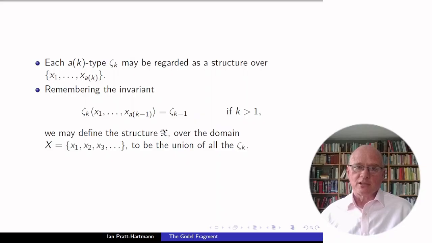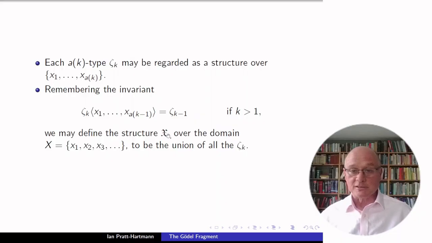We'll call that structure X over the domain x1, x2, x3, all the way up to infinity. So that gives us a nice infinite structure, and this is the structure X which we'll be working with.